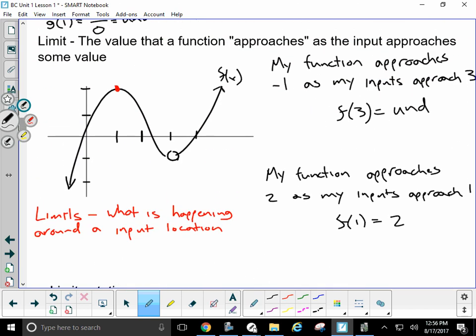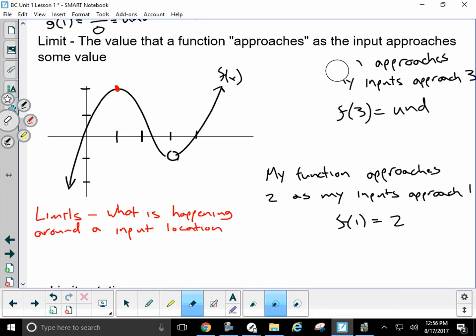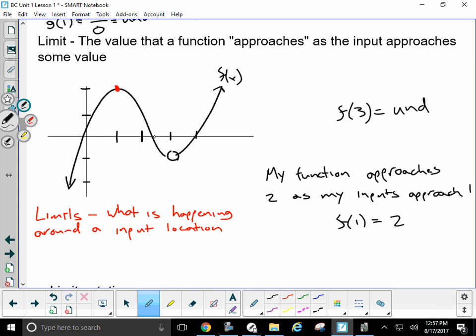Instead of this statement, I'm not going to erase it. You don't have to erase it on your paper, but I'm going to erase it here. I can do the same thing as I wrote down there, just using the limit notation. My function values, as we're getting close to 3, are approaching this y value of -1. I could say the limit as x approaches 3 of this function equals -1.